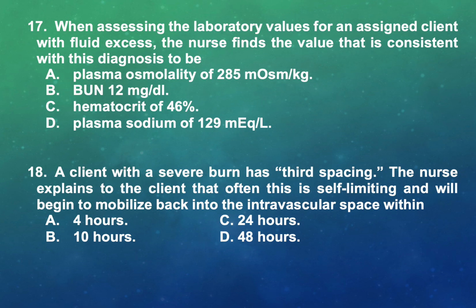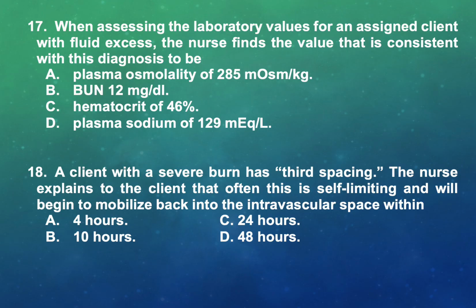17. When assessing the laboratory values for an assigned client with fluid excess, the nurse finds the value that is consistent with this diagnosis to be, answer, Delta. We know that fluid volume excess or hypervolemia leads to a state of hemodilution, where an excess of intravascular water dilutes the concentration of solutes within the bloodstream.